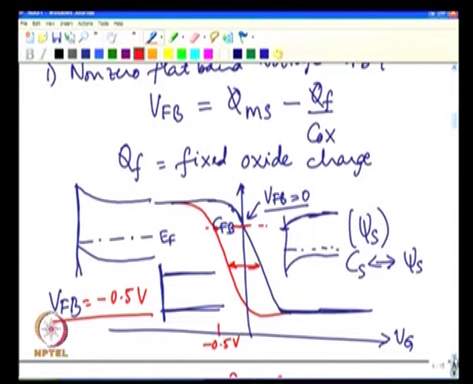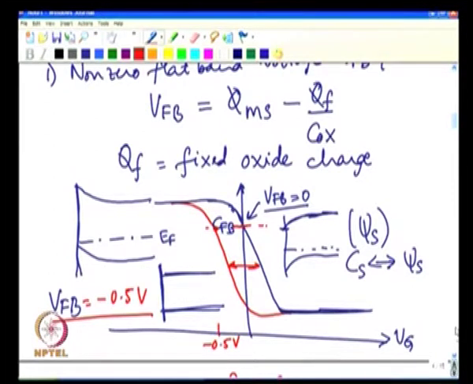In fact, as we will see in the next class, this is the information that we use to find out the fixed charge in the oxide when you actually measure a device. Once you measure a device, I can generate an ideal CV, we will talk about it in the next class, and then compare the ideal CV with the experimentally measured CV, and looking at the difference I can extract all these non-idealities in the MOS capacitor.